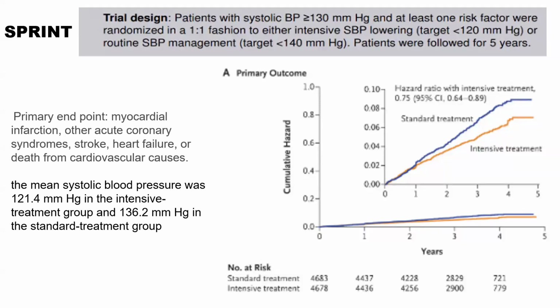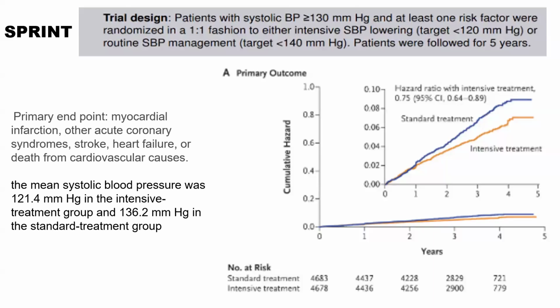but this trial was stopped early because there was a significant reduction in the primary endpoints of myocardial infarction, acute coronary syndrome, stroke, heart failure, and death from cardiovascular causes in the intensive treatment group.